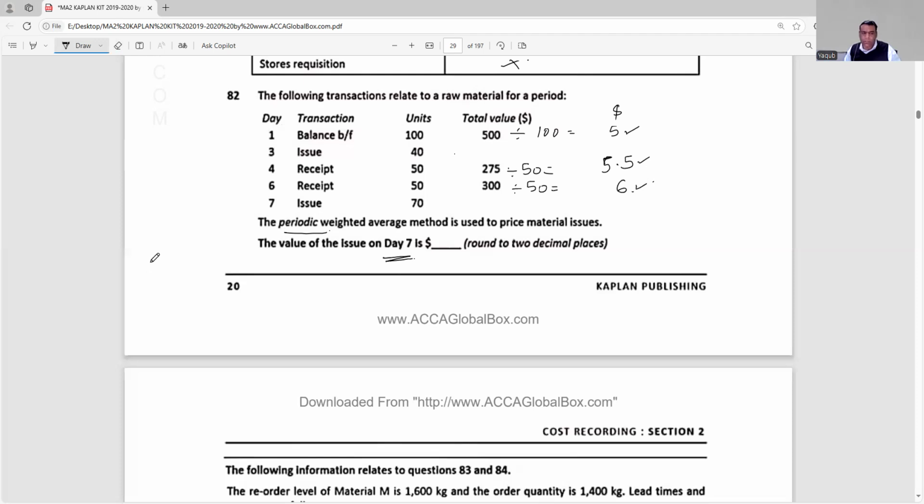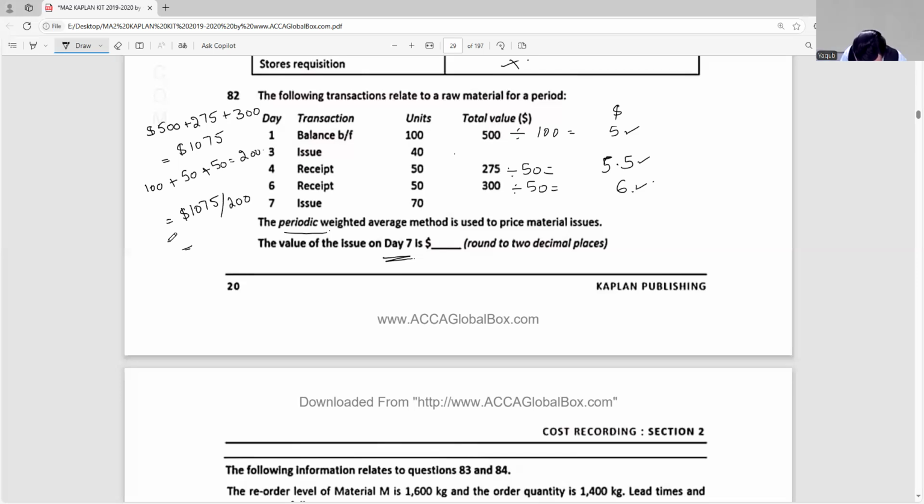Here we need periodic average cost. So what will we do? We will combine the total value of 500 plus 275 plus 300. So we have 1075 in total. Then we have the balance brought down of 100 units, then a further 50 units, then a further 50 units. So in total we have 200 units, and we divide 1075 by 200 units.